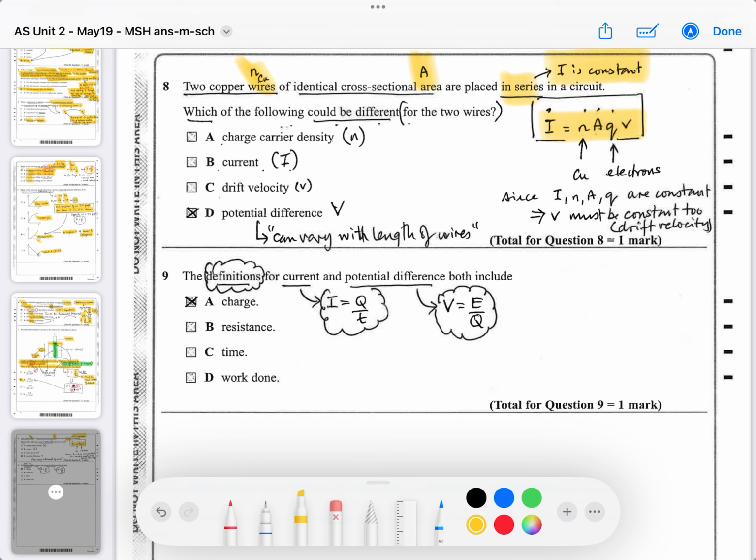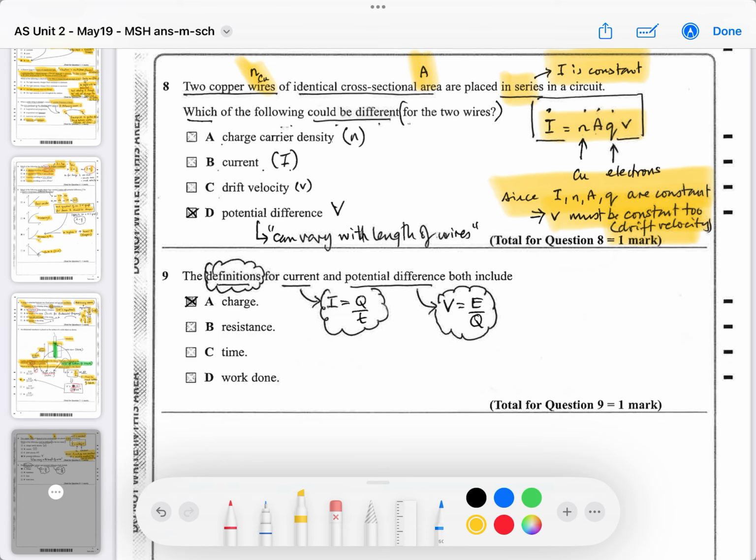Then the only thing that can vary is, well, v can't vary because if all those things are constant, then v must also be constant, otherwise they would not equal the same current. So since I, A, n, and Q are constant, v must also be constant to balance the left-hand side and the right-hand side.